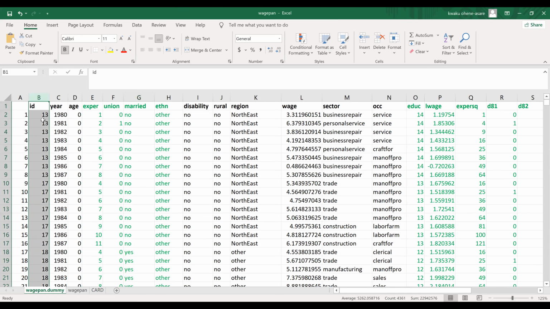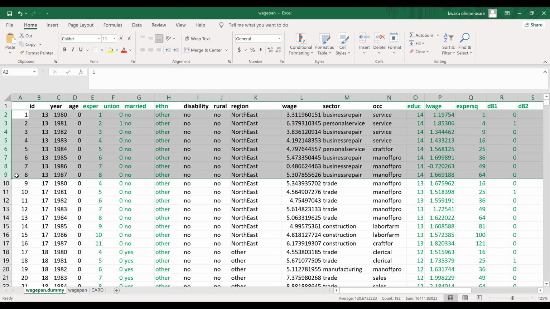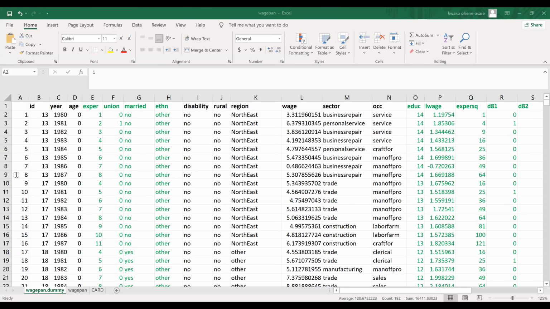ID are the names of the individuals. And you have the year. So if you look at the individual with ID number 13, that individual has 1 to 8 observations, and they are according to the number of years. This is a real data set. We are going to use it to illustrate the different models that will be discussed.